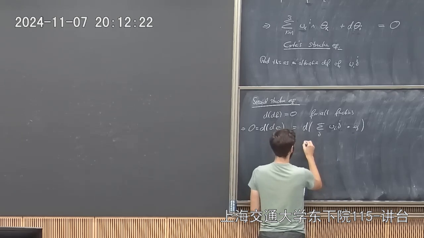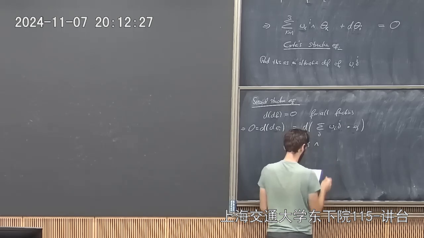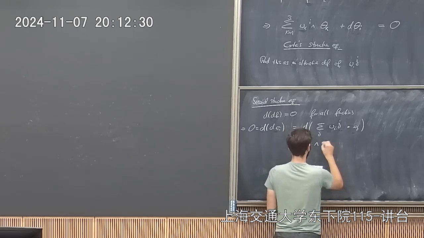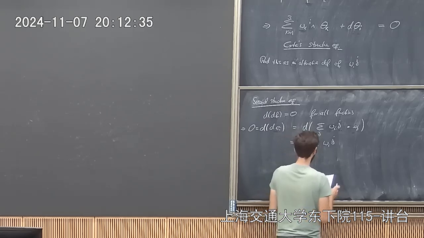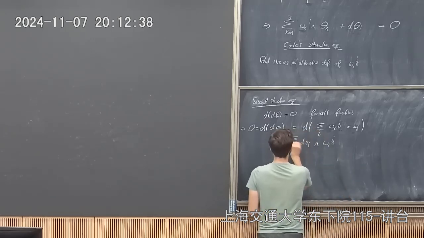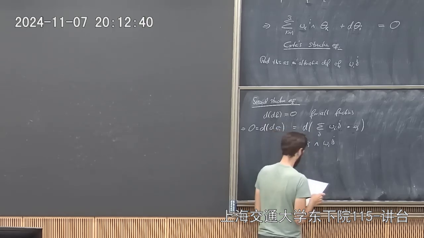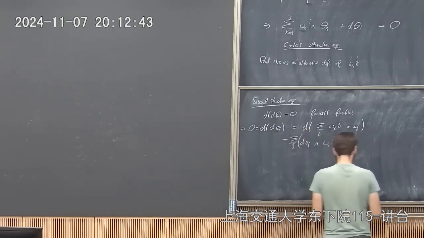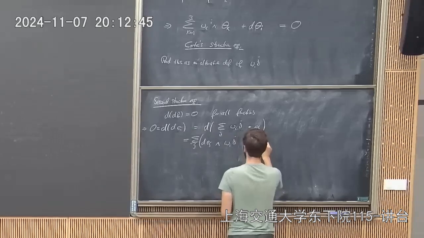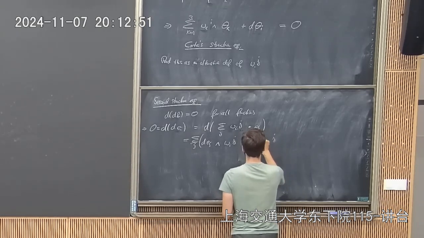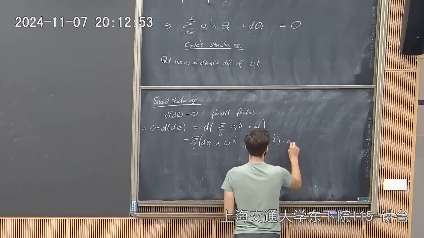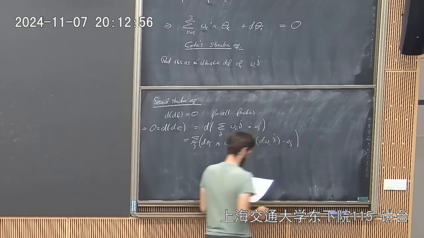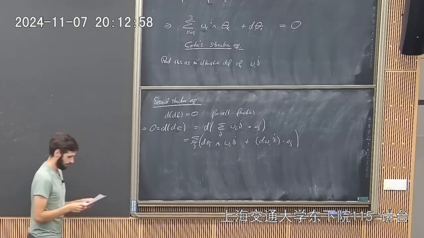So what we end up with is d of omega_ij, wedge product of the e_j, plus, and now we plug in the d e_j. We get 0.